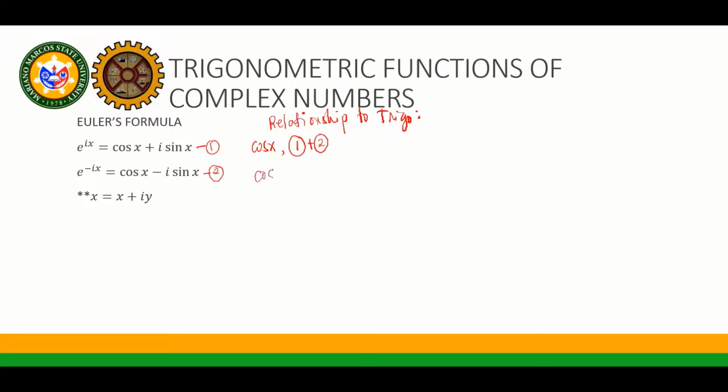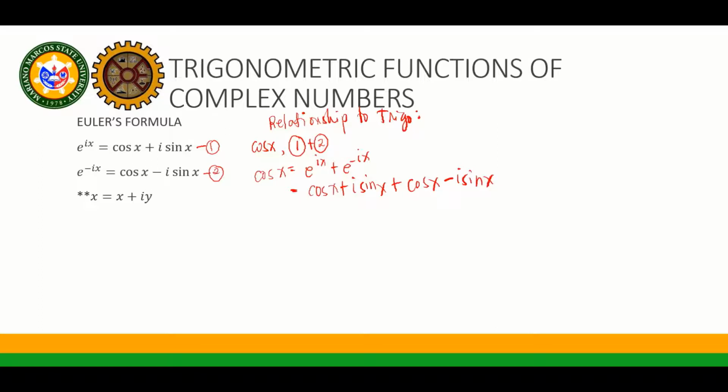So 2 cosine x is equal to e raised to ix plus e raised to negative ix. But we know that e raised to ix is equal to this one. So, we just substitute here. This will be equal to cosine x plus i sine x plus this one, cosine x minus i sine x.